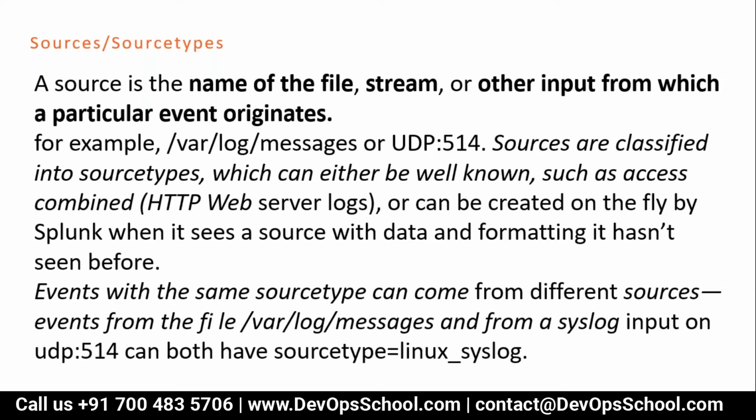For example, let's say you are ingesting data in Splunk and that data is event logs, application event log for Windows. The moment you give the data to Splunk from different sources, different hosts, Splunk automatically detects this is the source type of Windows event application log.